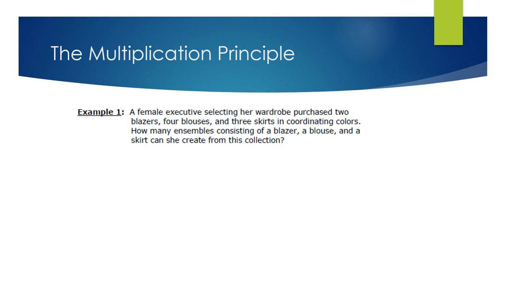Basically, the number of ensembles we can make comes from the number of blazers times the number of blouses times the number of skirts. There are 2 possibilities of blazers, so there'd be 2 outcomes from that.